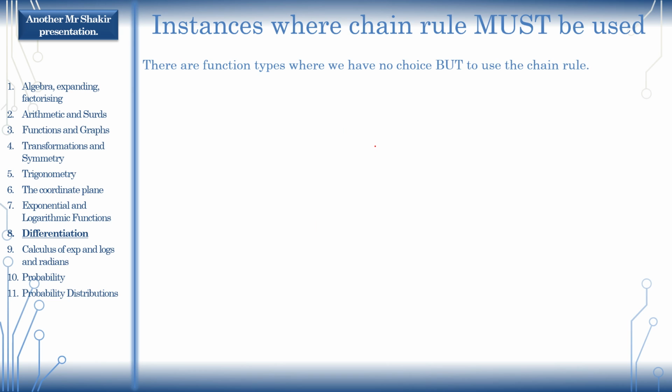And later on, when we learn to differentiate trig functions, for example, if you have y is equal to sine of x, then the derivative of this, we haven't done it yet, but that's okay. When you look back at this video and you're in year 12 and you know what you're doing, how does the chain rule apply then? Well, the derivative of sine x is cos x. Cool story.